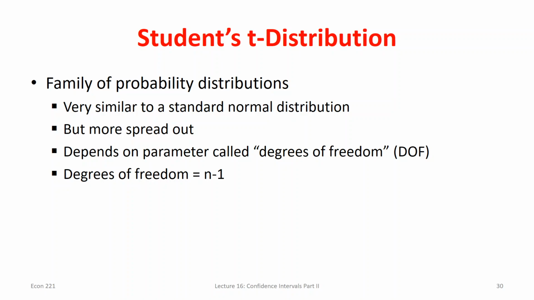So each student t-distribution will be a little bit more spread out, but as we get higher and higher sample sizes, it's not as spread out. As the degrees of freedom goes up, this becomes more and more like a standard normal distribution, a close approximation. In fact, at a certain level, you won't be able to distinguish the difference even out to the 4th or 5th decimal point.